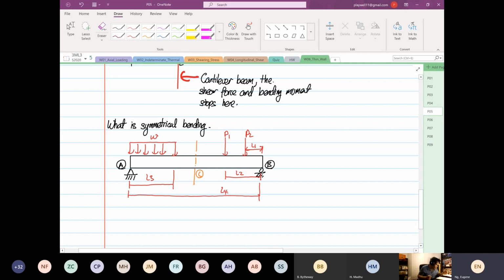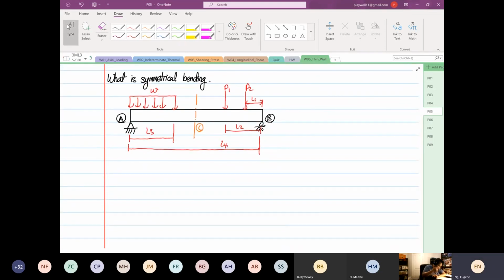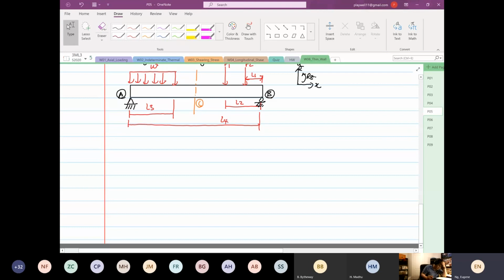I will draw for you the cross-sectional area. This is our transformation, X, Y, and then we have rotation about Z. The formula to use is stress X is equal to Mz over Izz multiplied by y.